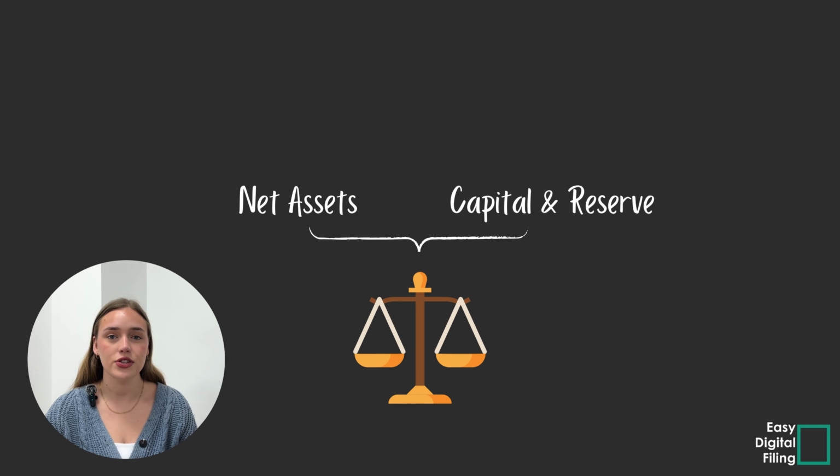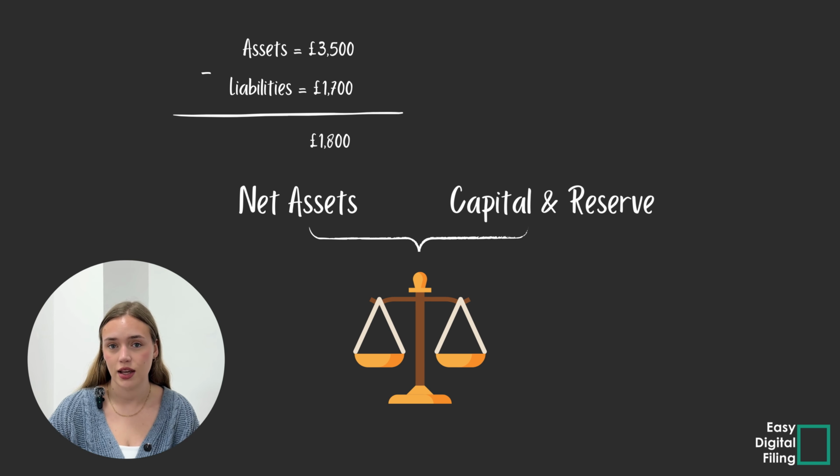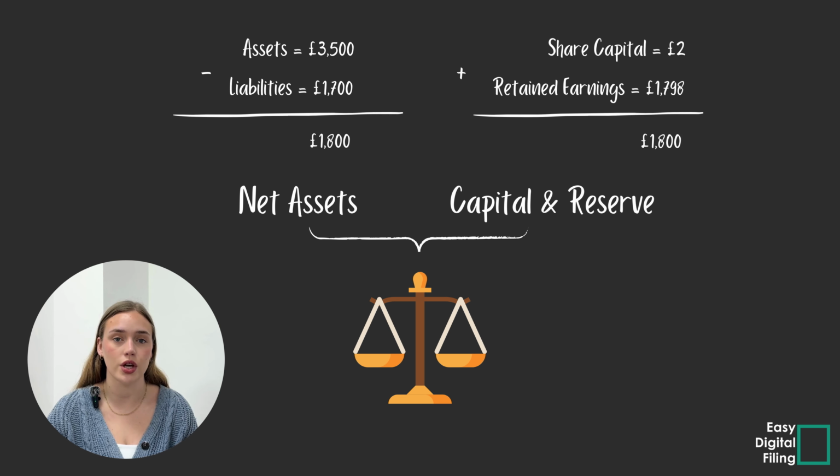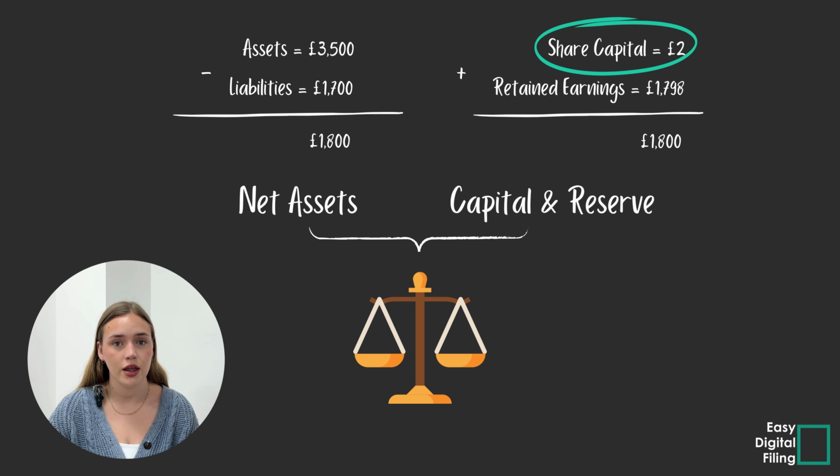The balance sheet needs to show the net assets and the capital and reserves as being equal to each other. So for example, if the net assets are equal to £1,800, then the capital and reserves would also show as £1,800. This would include the £2 of share capital, which is the share capital initially issued after incorporation, plus any issued after, and the £1,798 of retained earnings.